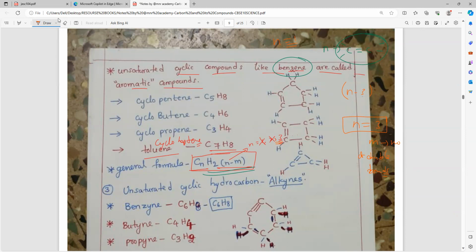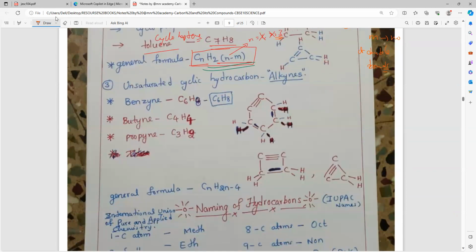Cyclohexane, or we can say unsaturated means benzene will start. So unsaturated cyclic hydrocarbons, which we call alkynes, and you can notice how the alkynes will be there, and even the structure is very complicated.